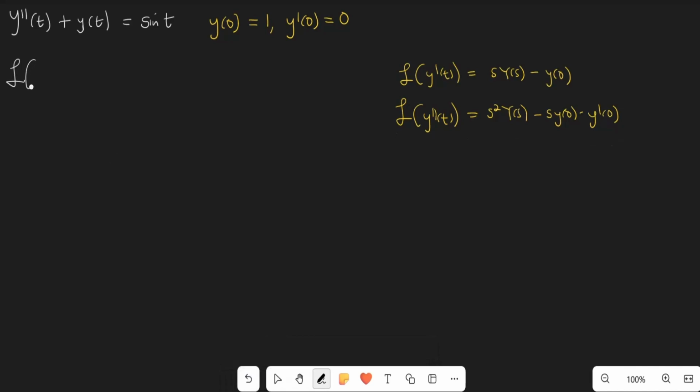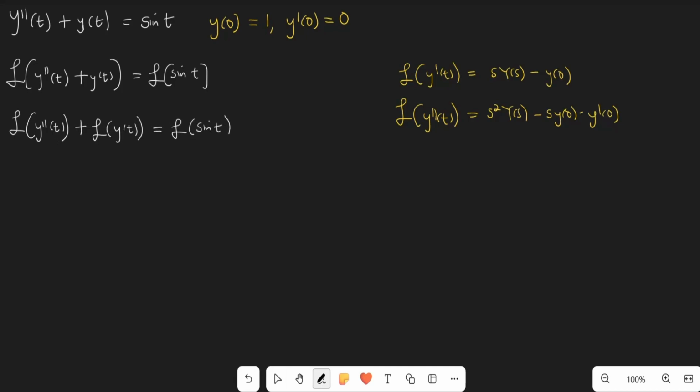So the Laplace transform of the left hand side, y prime prime of t plus y of t, is equal to the Laplace transform of the right hand side, which is sine of t. Applying the linearity property of the Laplace transform, we have the Laplace transform of y prime prime of t plus the Laplace transform of y of t, equal to the Laplace transform of sine of t.